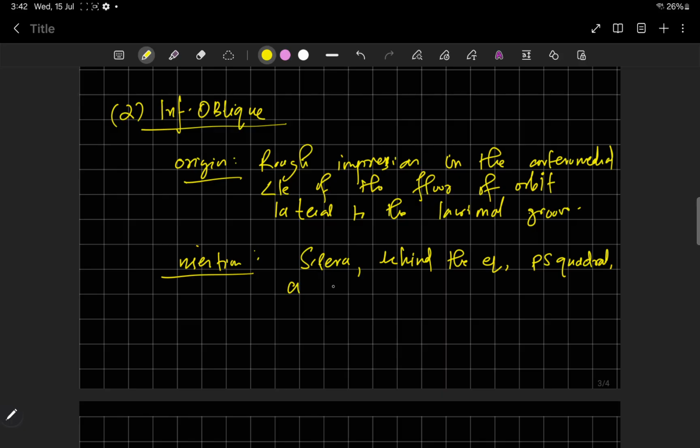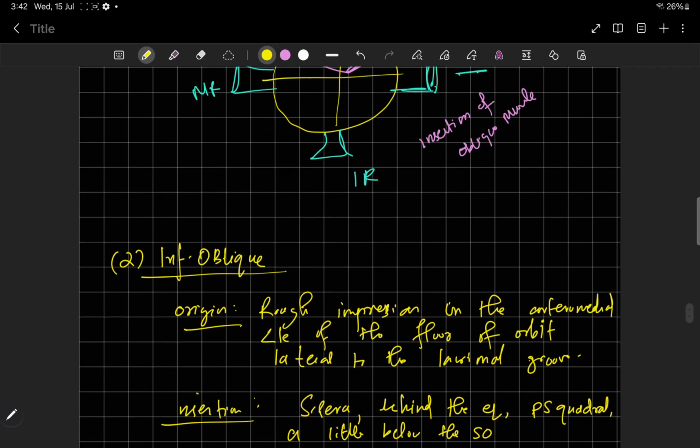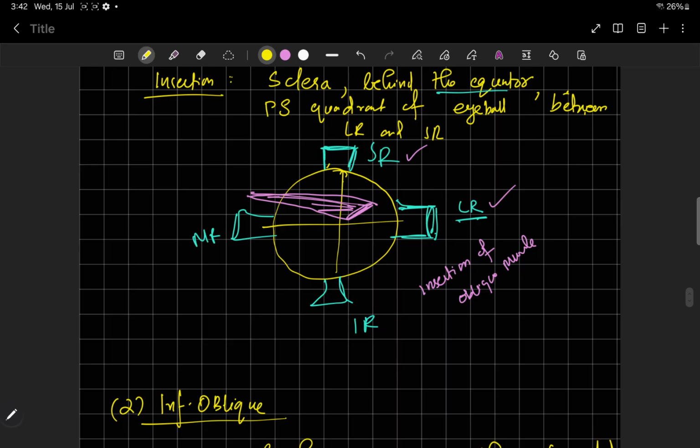Here it is a little below the superior oblique. That is the only difference. So here, this is the insertion of superior oblique muscle. Now the inferior oblique muscle is inserted a little below. Here is the insertion of inferior oblique.